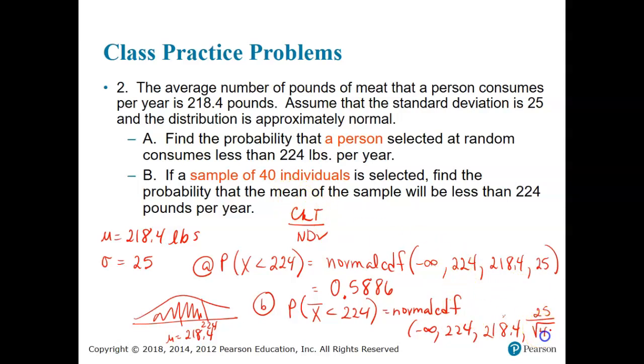Our sample size is 40. Okay, so I get 0.9217 for my answer.